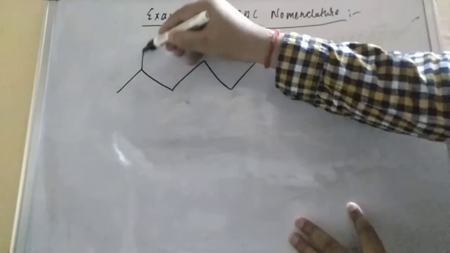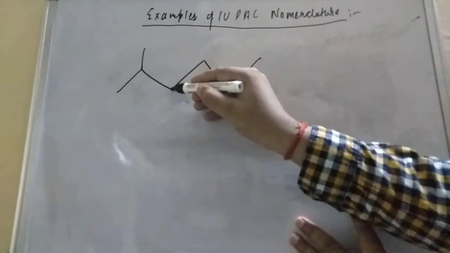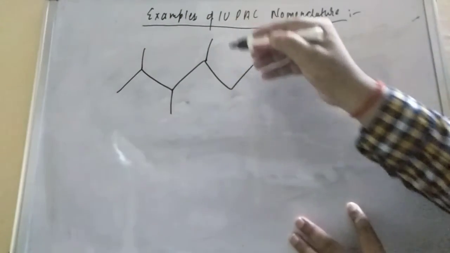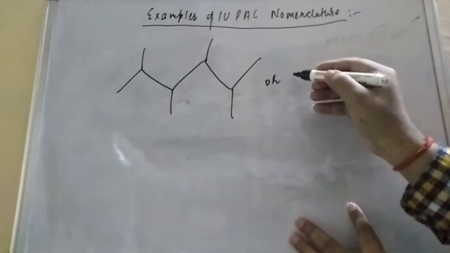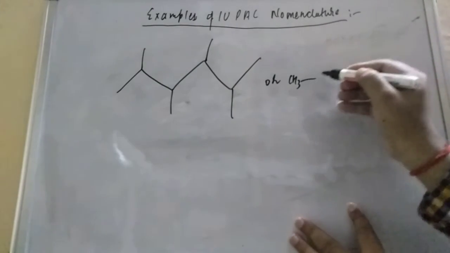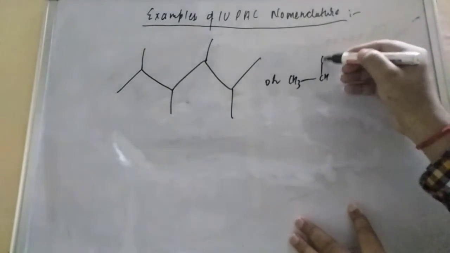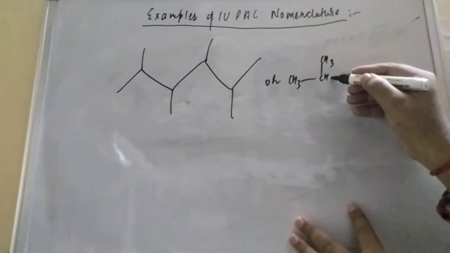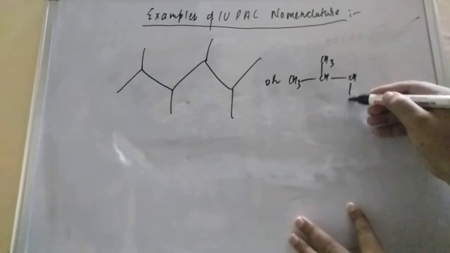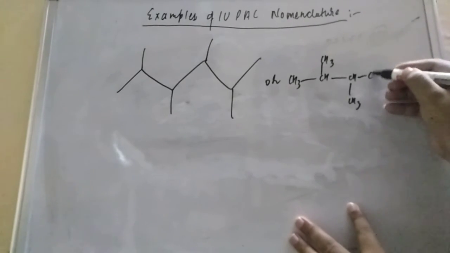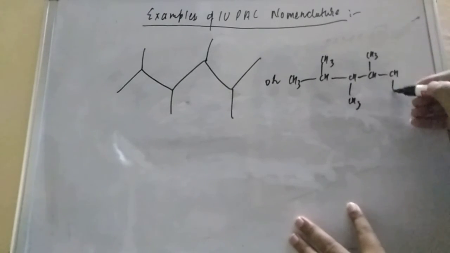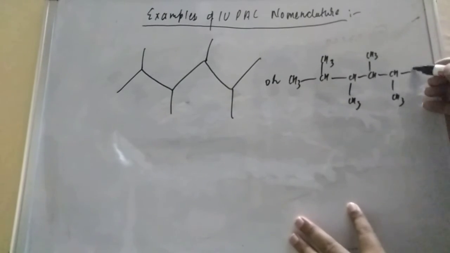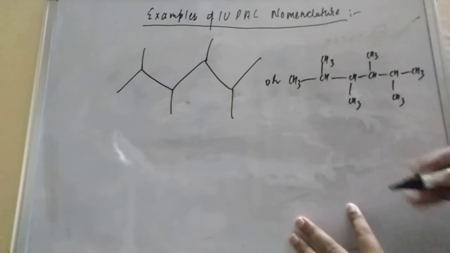Here is a methyl group, bottom is a methyl group, here is a methyl group, and again bottom. Same compound I am writing: terminal carbon CH3, then CH, here is CH3, again CH, here is CH3, again CH, here is CH3, again CH, here is CH3, and this is again CH3.